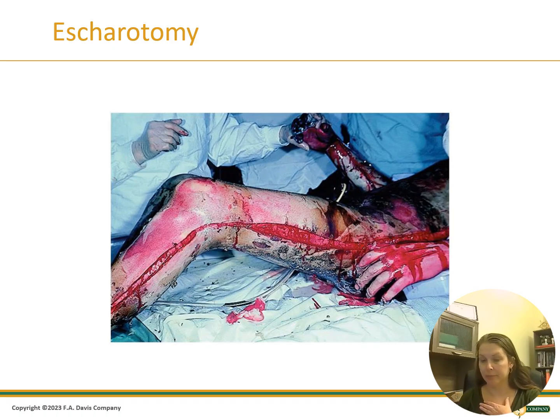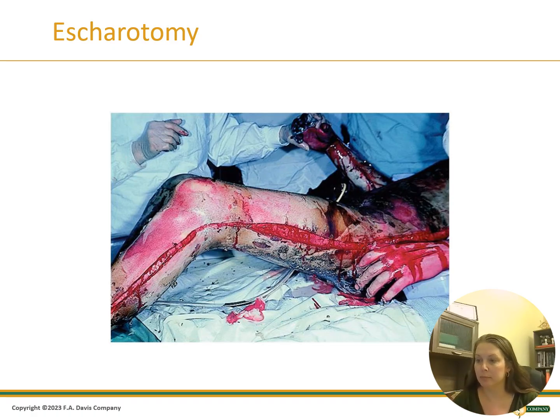So we can either do a sheet graft or a mesh graft. With the sheet graft, we are simply taking a sheet of this person's own skin, and with a mesh graft, with a mesher, you're having small slits put in it, that way it can stretch over and cover a larger area.